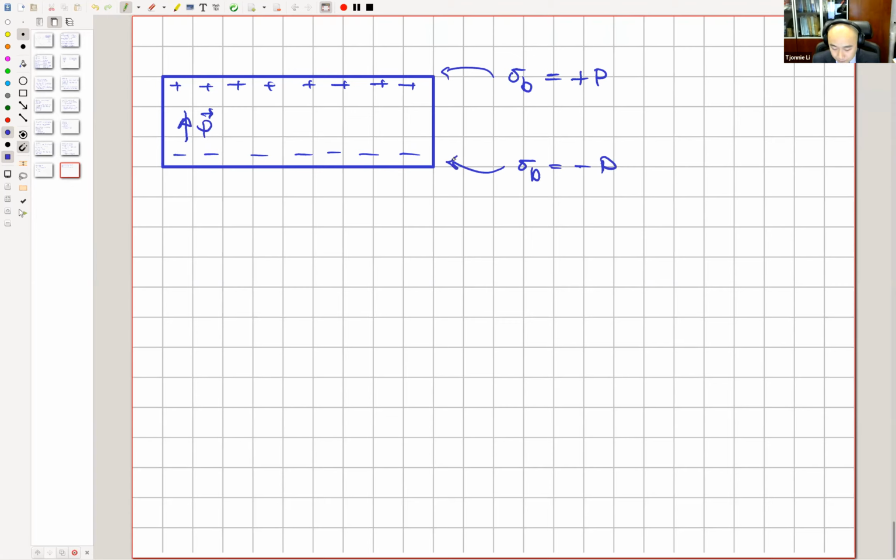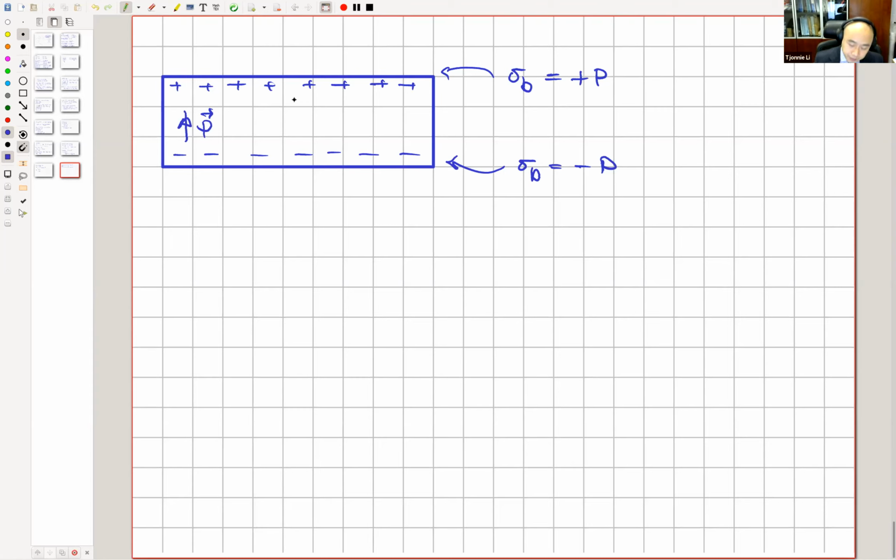Okay, now, what happens inside the material, that's something that I can also explicitly calculate, right? Because this is pretty much just a parallel plate capacitor in this case.